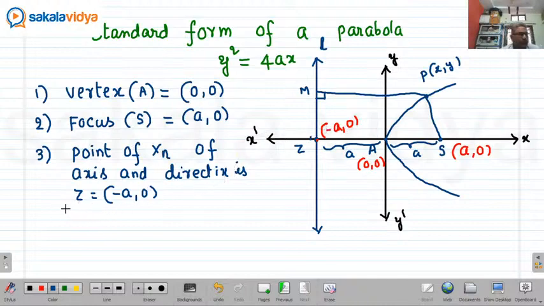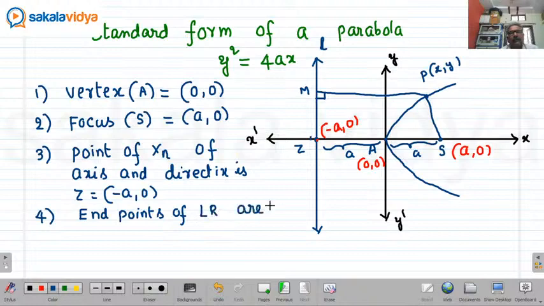Fourth point, the endpoints of the latus rectum are (a, plus or minus 2a). I will discuss what is meant by the latus rectum later, don't worry.